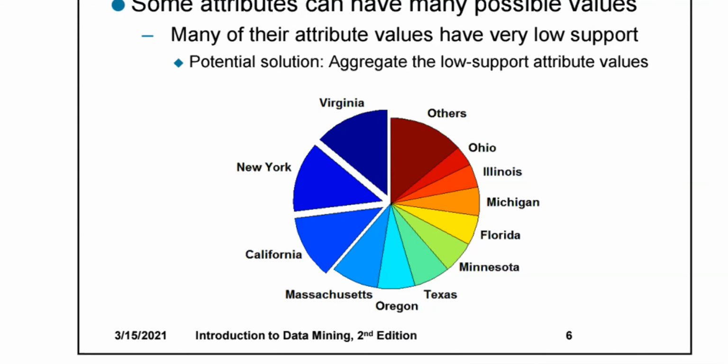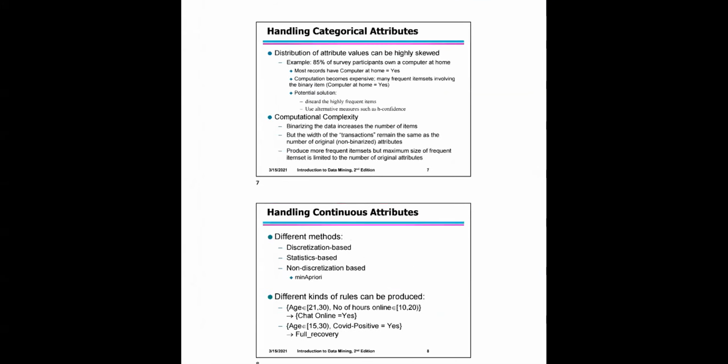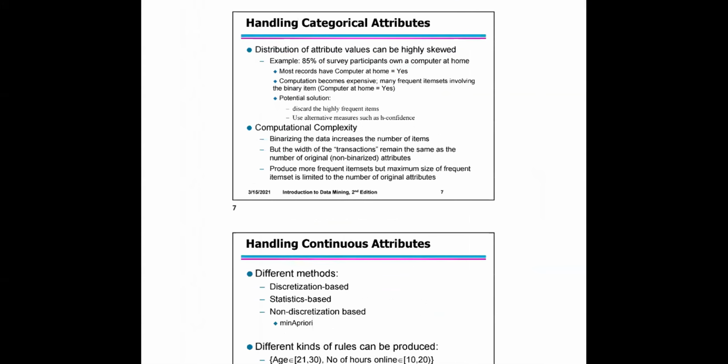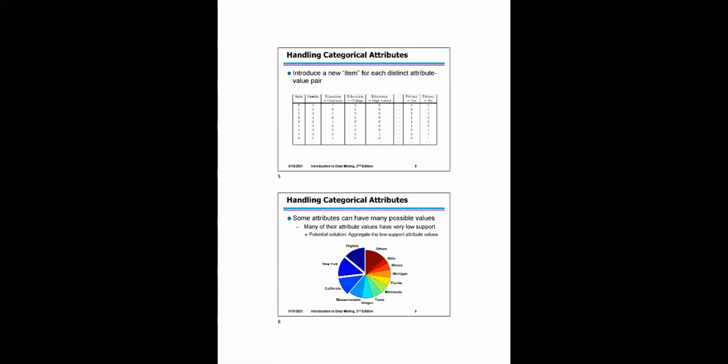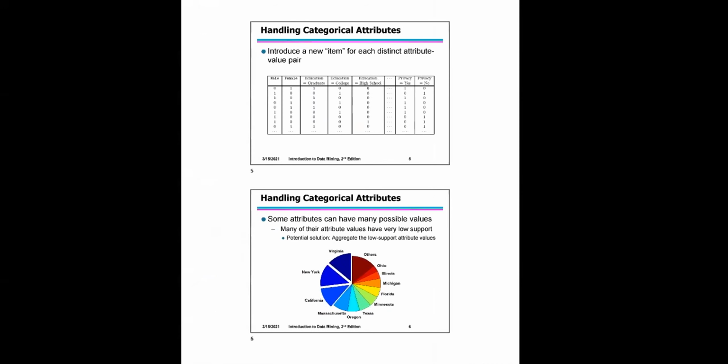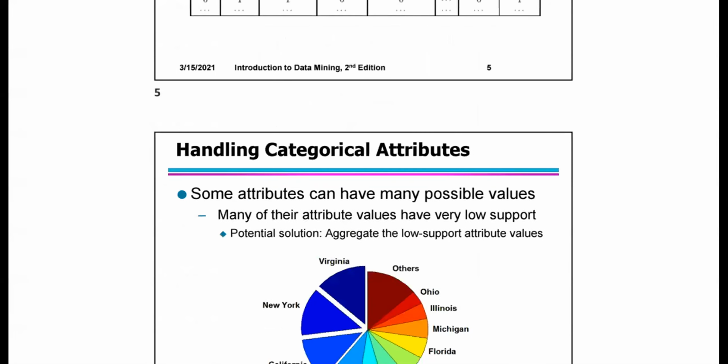And the second issue concerns how to handle categorical attributes.